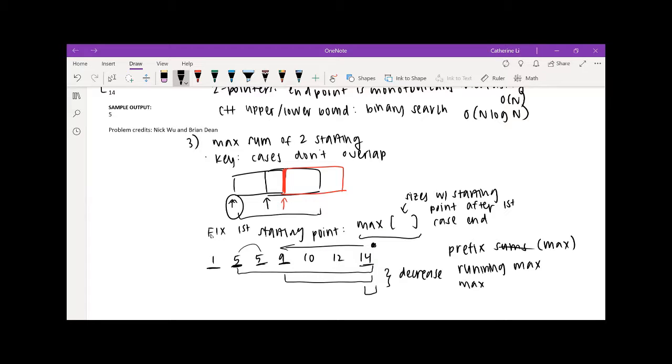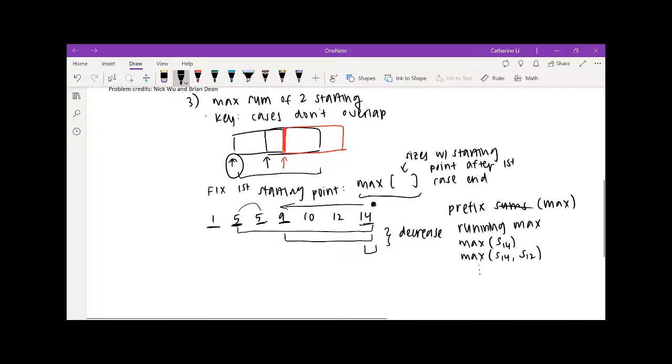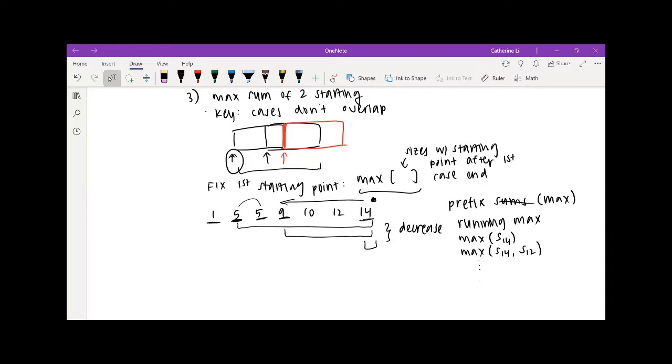So we're going to have the max of the size of starting at 14, and then the max of starting at 14 and starting at 12, and then so on. As we saw last time, prefix sums in one dimension takes O of n to preprocess, and O of 1 to query.